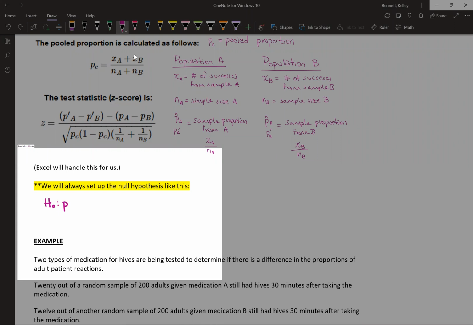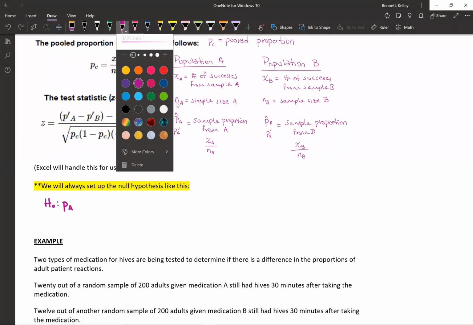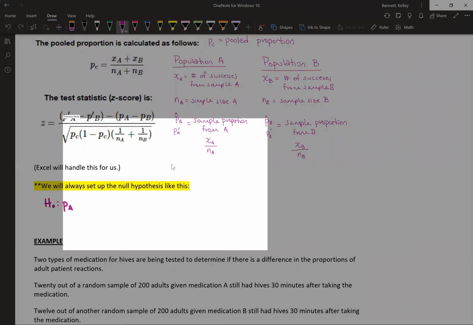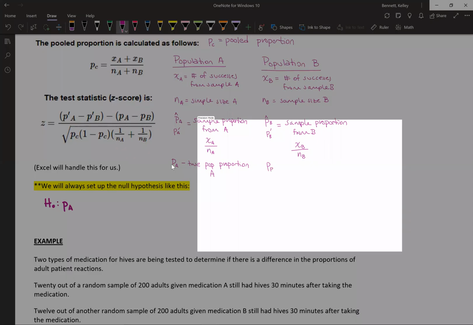So if PA is our true population proportion, actually, let's add that to our notation list really quickly. So PA, no hat, no prime. This is the true population proportion for population A. And then PB, no hat, no prime.